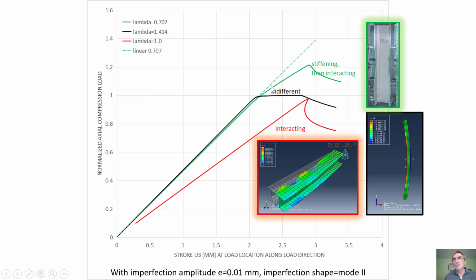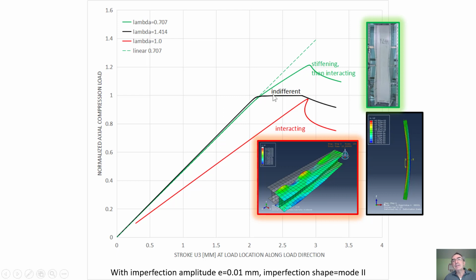All right. From a point of view of design, this behavior is good, because if you design with a bifurcation load, which is here, 1, and there is an overload, or the column is slightly damaged, all that can happen is that you go in this region where the column can take even more load. So in a way, it's kind of safe. If you use proper resistance factor and load factor or safety factor, then you're likely to be okay.